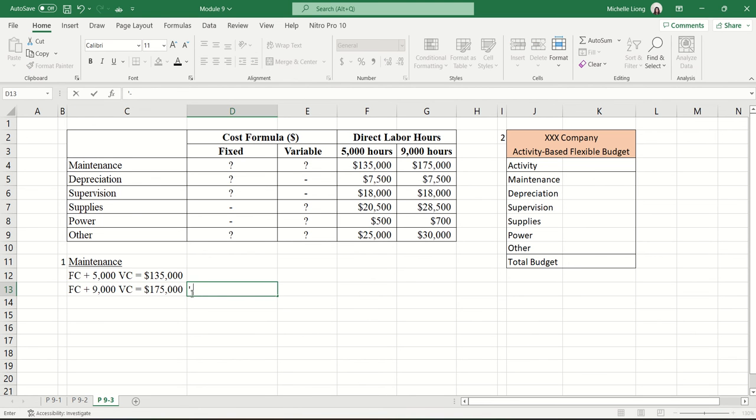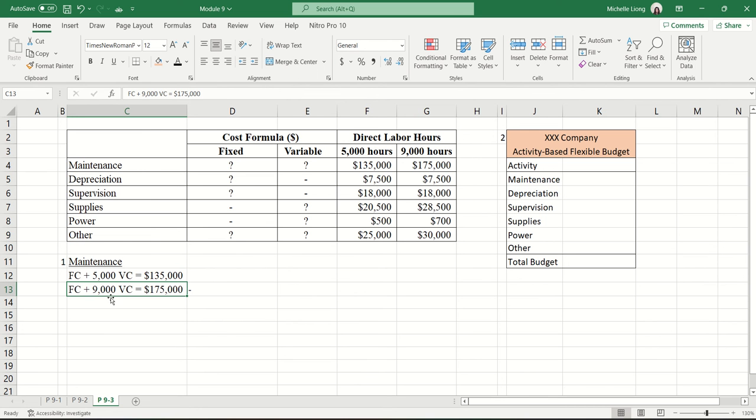FC minus FC is 0. 5,000 minus 9,000 is minus 4,000 of VC equal to 135,000 minus 175,000, which is minus 40,000.